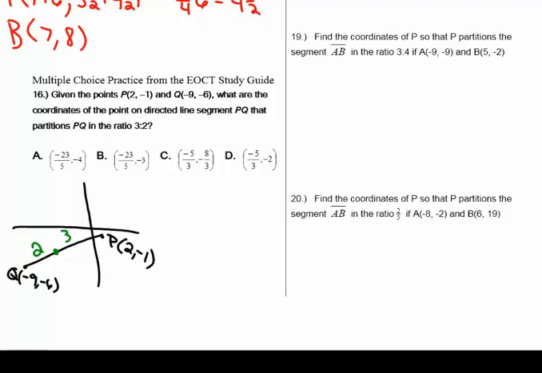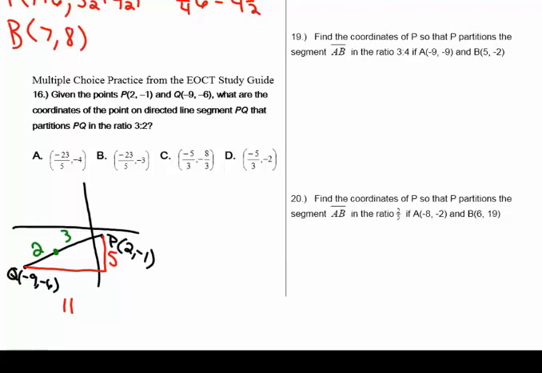All right, so the horizontal difference there from -9 to 2 is going to be 11. And then the vertical distance from -6 to -1 is going to be 5 units.